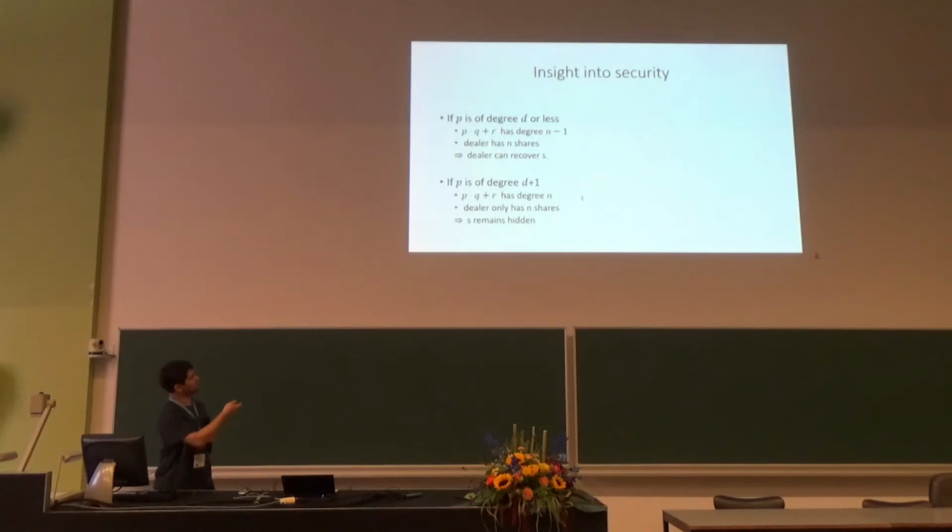The secret is going to remain hidden, so he has no information about it and is unable to do this. It's basically taking the polynomial, which is of low degree, multiplying it by a higher polynomial, and if the polynomial is of too high degree, then the secret is lost. Otherwise, you can get the secret.